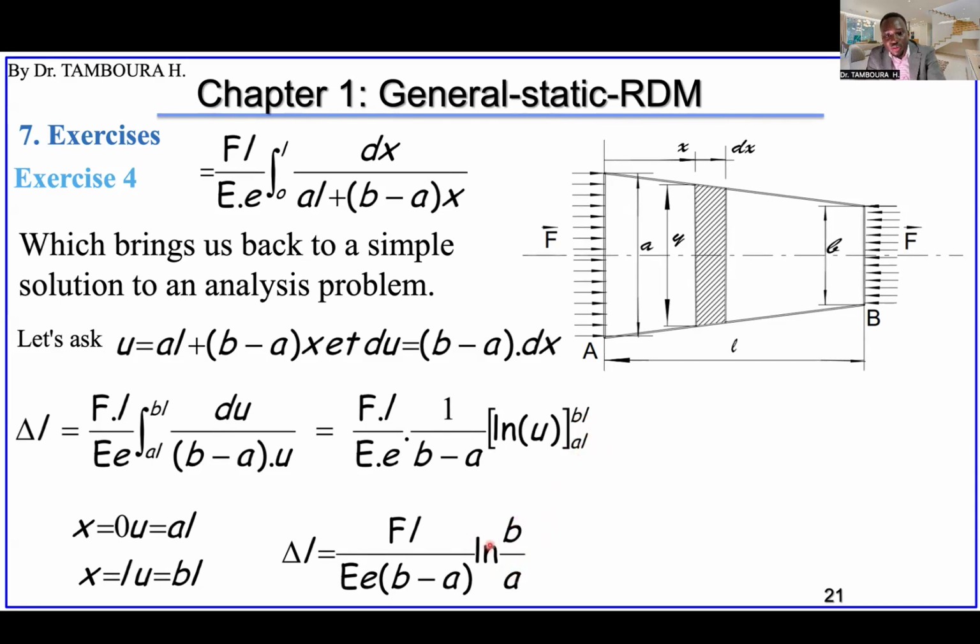So ln of b divided by a. Okay, this is just one property of ln.